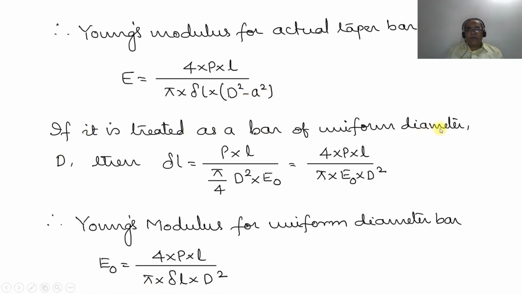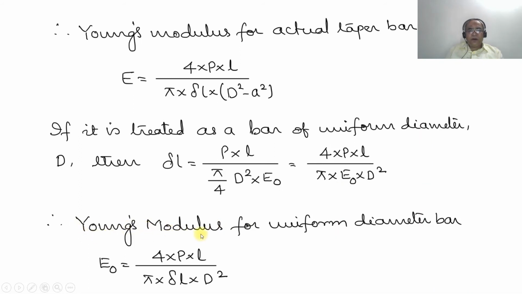If it is treated as a bar of uniform diameter, then what happens? Delta L will be equal to P L by A E naught, that is, P L by pi by 4 into capital D square into E naught, because here it is the diameter of the uniform diameter D. Taking the 4 to the numerator, delta L is 4 P L by pi D square E naught.